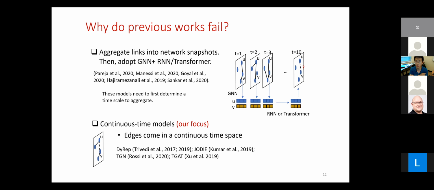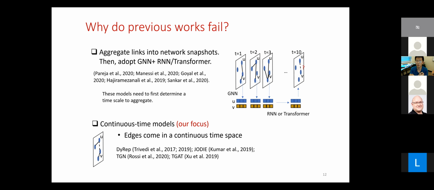They aggregate the edges that appear over time into different snapshots, and then we have a series of graphs. They combine a graph neural network, or GNN, model with some sequential model to predict how the network evolves in a future snapshot. This covers a lot of works, but today our focus is not on this.